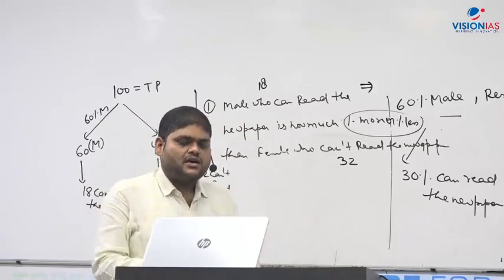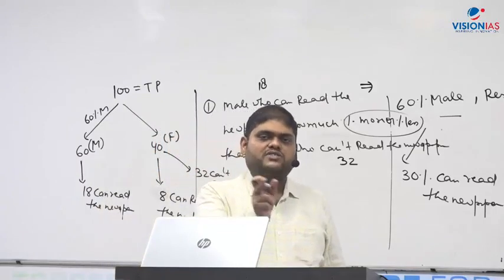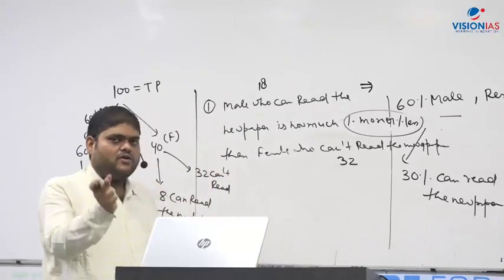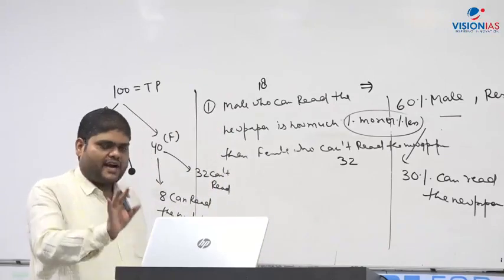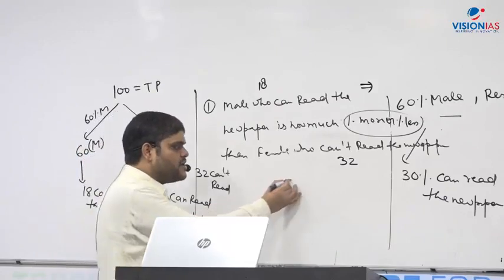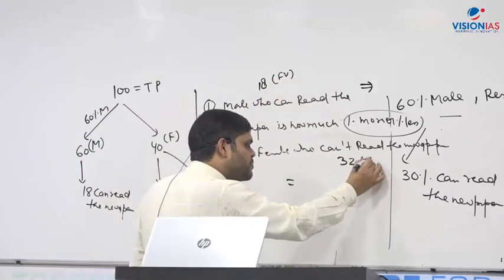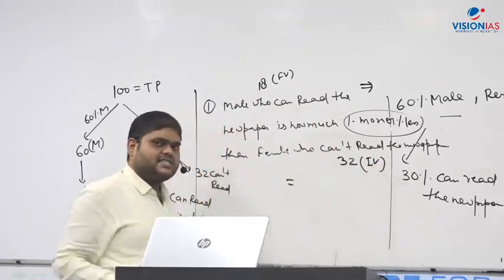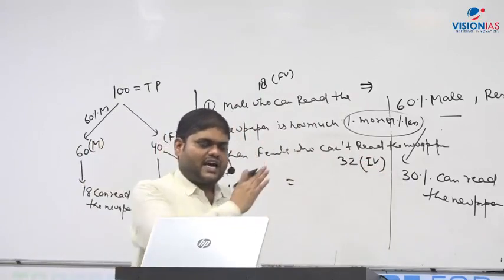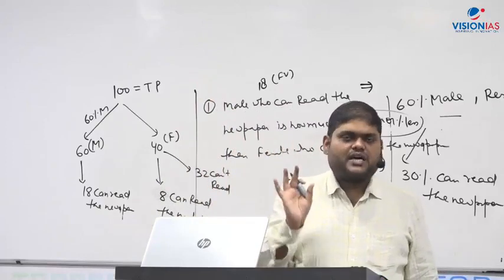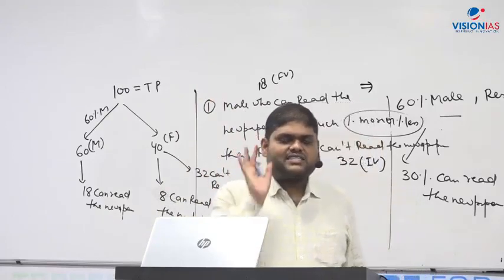Percent less means they are asking about the percent of change. Percent of change means final value minus initial value, divided by initial value, into 100. I am not going to repeat which is final and which is initial. I told you in yesterday's class, and I have repeated it at least 10 times.